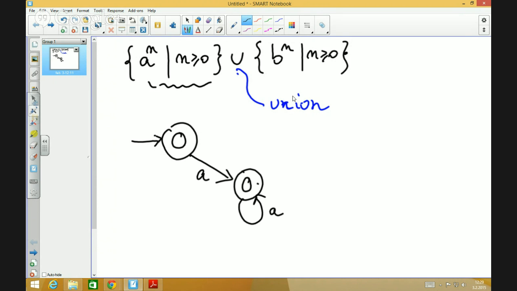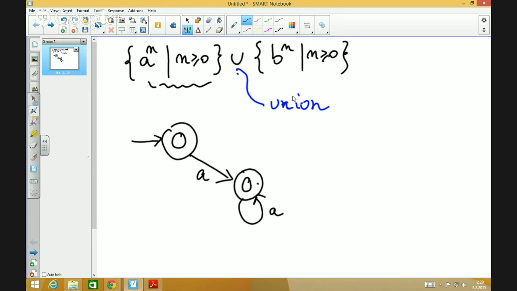Okay, so what else? We have to deal with B inputs somewhere. Where do we do it? We want to have some B labeled transitions, but from where? We've already said from the initial state, because initially, we might start reading a B, not an A. And if we read a B, where do we go?